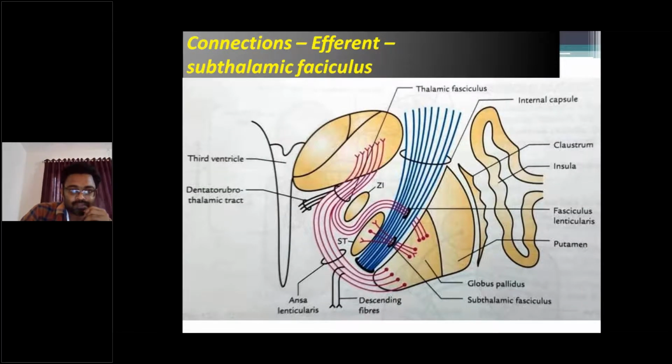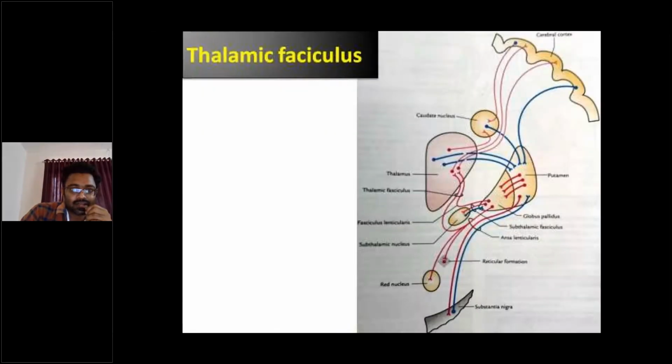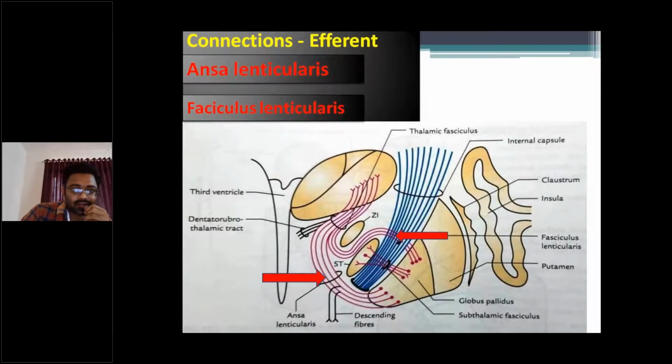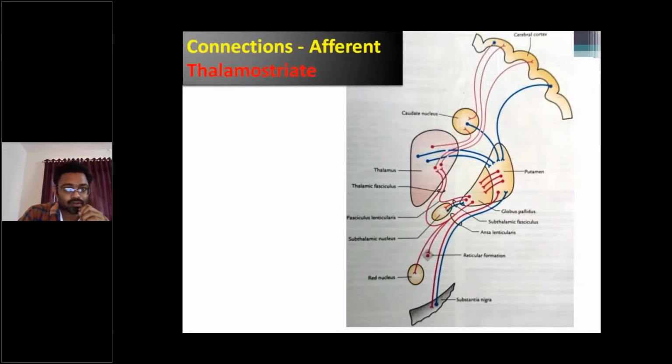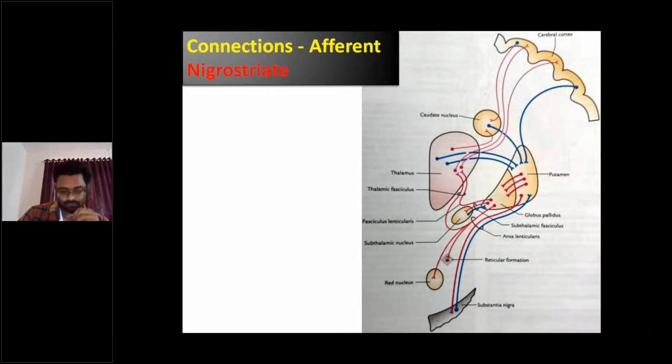Subthalamus, subthalamic fasciculus, thalamic fasciculus, ansa lenticularis, fasciculus lenticularis. So once again, I repeat the connections of corpus striatum. Afferent connections are corticostriate, thalamostriate, nigrostriate.